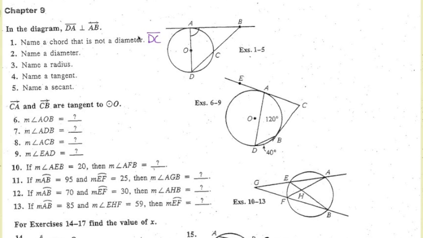A diameter, where's a diameter? AD. AD, again, the order of the letters doesn't matter, AD or DA, but we do need the segment symbol above it because a diameter has ends.